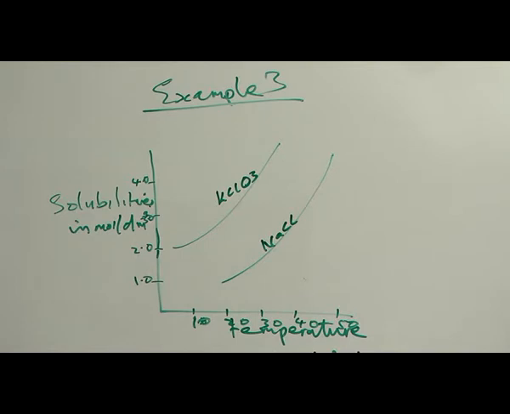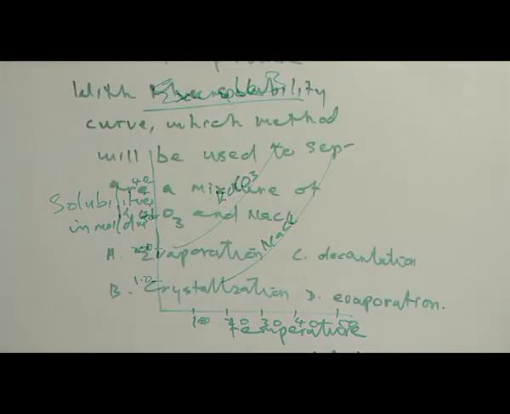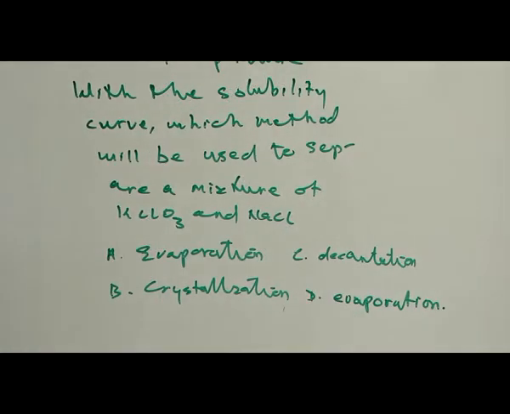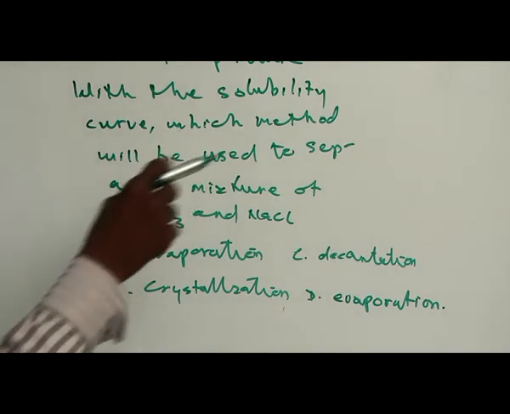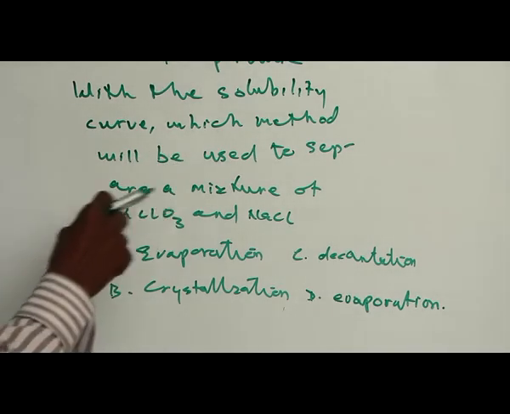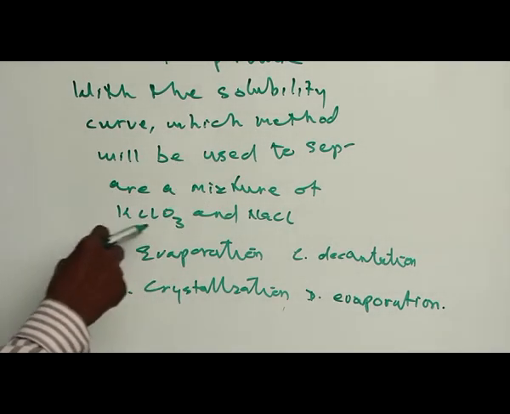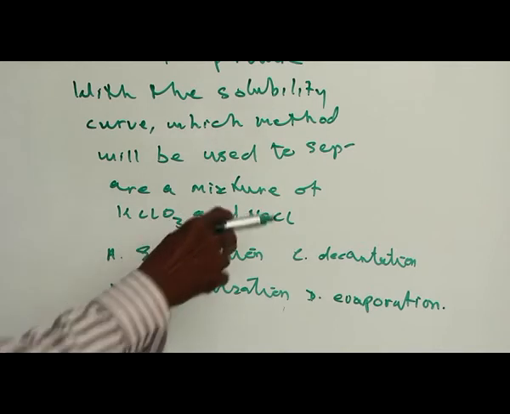Example 3. Consider the solubility curves of potassium chlorate and sodium chloride. With the solubility curves of potassium chlorate and sodium chloride, which method will be used to separate a mixture of KClO3 and NaCl?